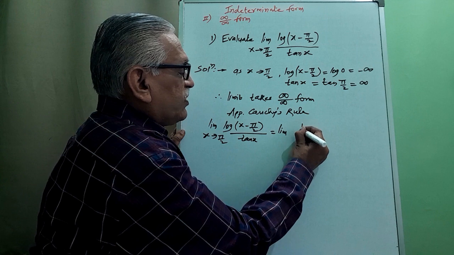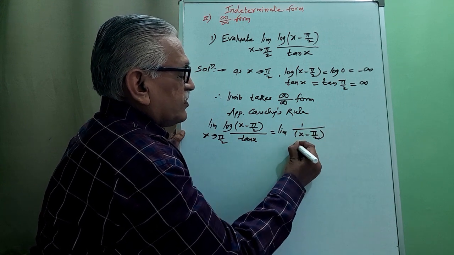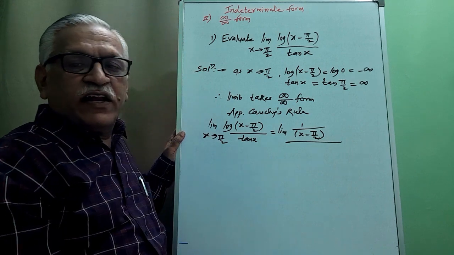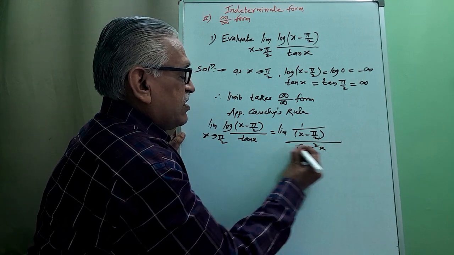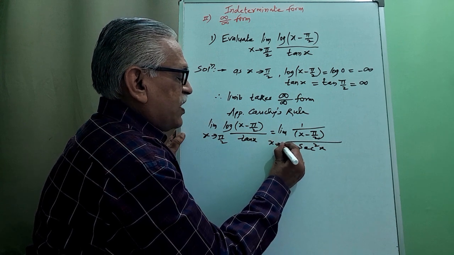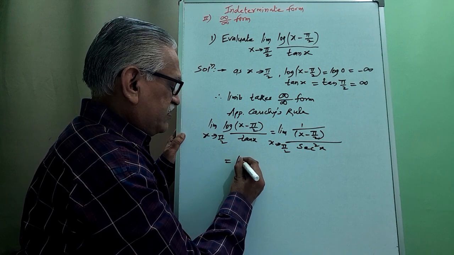The derivative of log is 1 upon (x minus pi by 2), divided by the derivative of tan x, which is secant square x, as x tends to pi by 2.